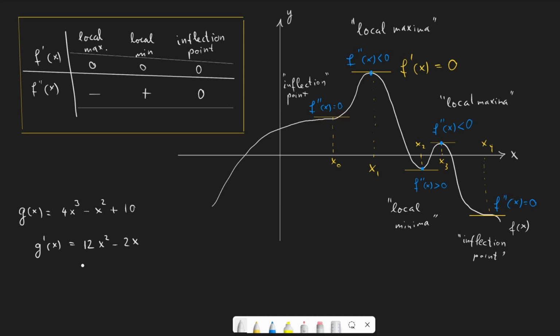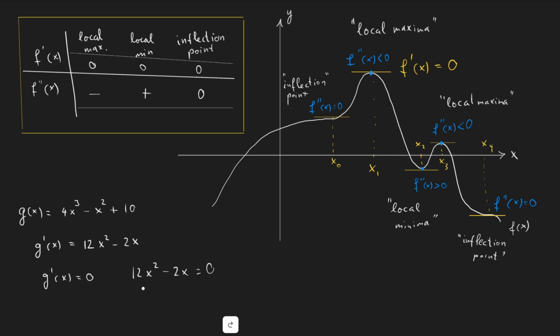And so we are looking for the local extremas. This is why our derivative should be equal to 0, which means that 12x squared minus 2x is 0. The common factor we have here is 2x, so here we have in parentheses 6x minus 1, and this equals 0.